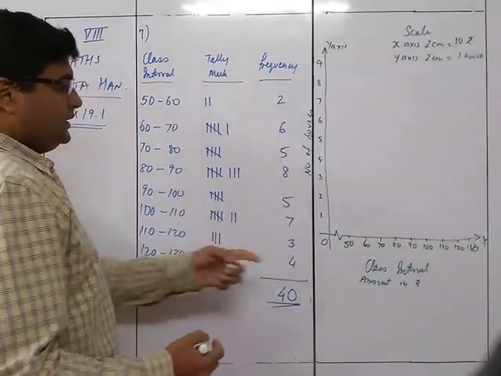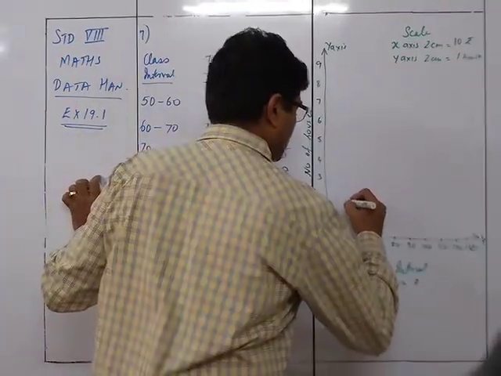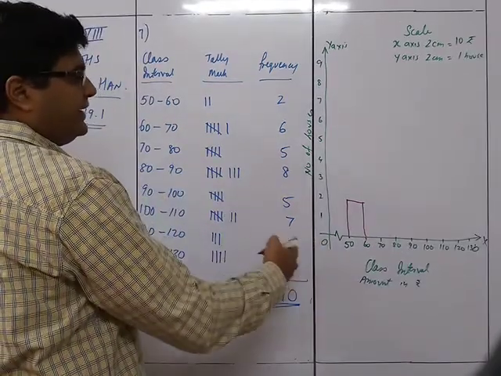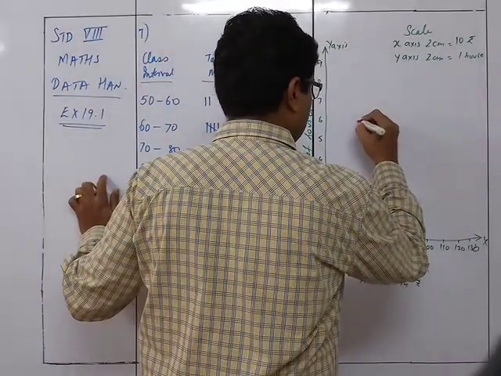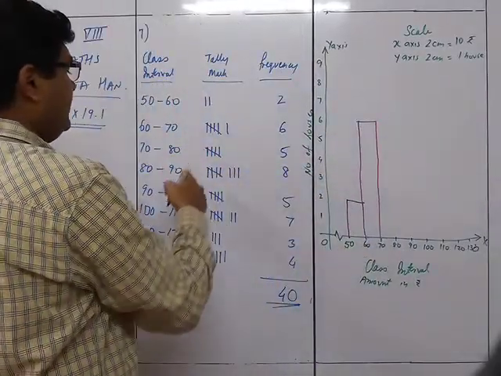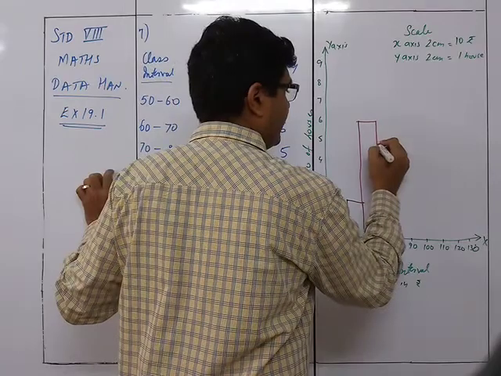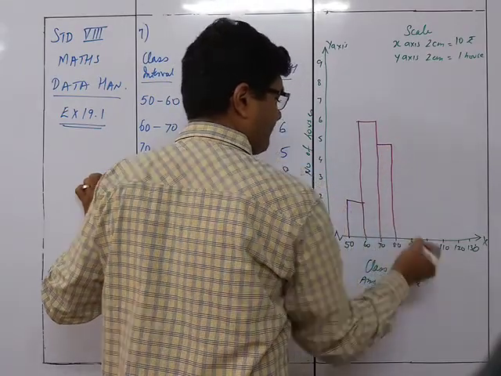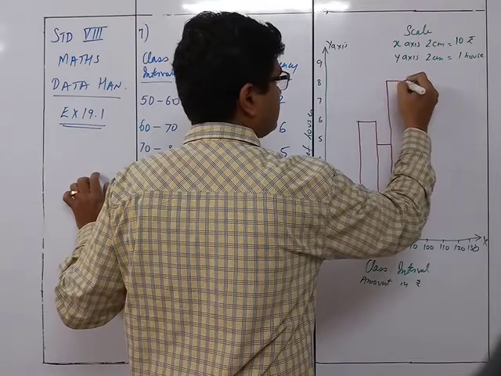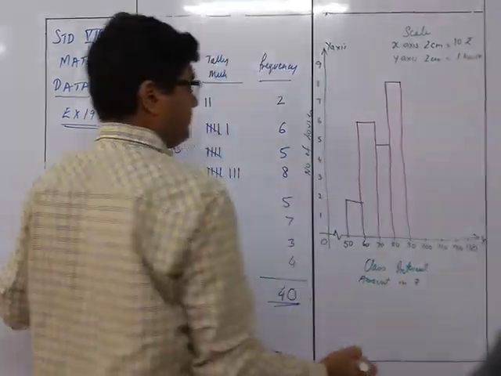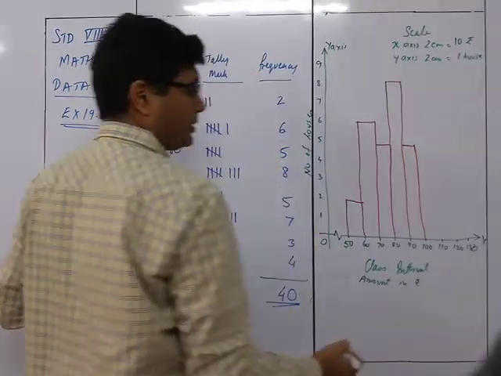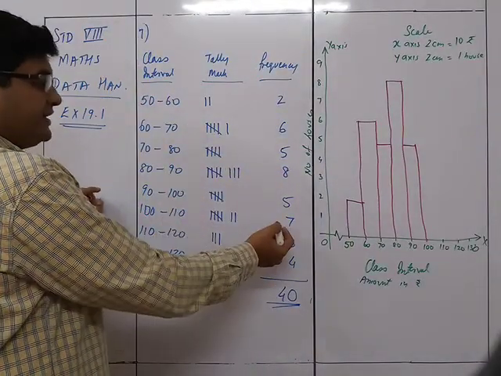So we have the first one, 50 to 60 has 2 houses, so 2 houses will come like this. 60 to 70 is 6, so that will be 6 houses coming here. 70 to 80 is 5 houses, so 5 houses here. 80 to 90 are 8 houses, so that goes up all the way to this point. 90 to 100 are 5 houses, so again 5 over here. 100 to 110 is 7 houses, so 7.